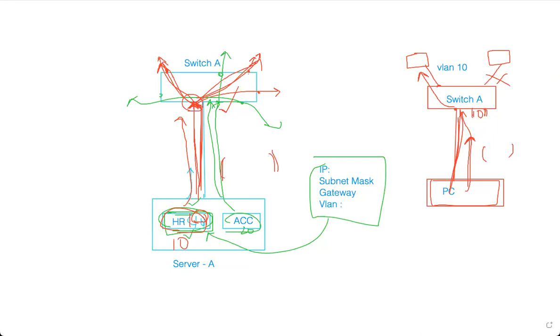Nitin, can you try what is a trunk and why it is used? Yes, sir. Trunk is used for VLANs where the data packet is marked to identify the specific multiple VLANs and transmitted over the physical connection, I think.